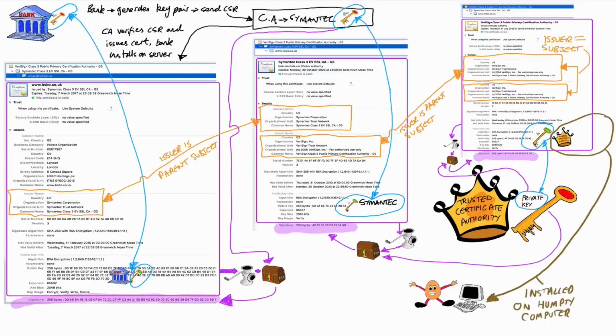An intermediate certificate authority is free to issue SSL certificates to end users, and these end users will trust Symantec because Symantec themselves are using an SSL certificate that in turn is signed by somebody who everyone in the world basically trusts.